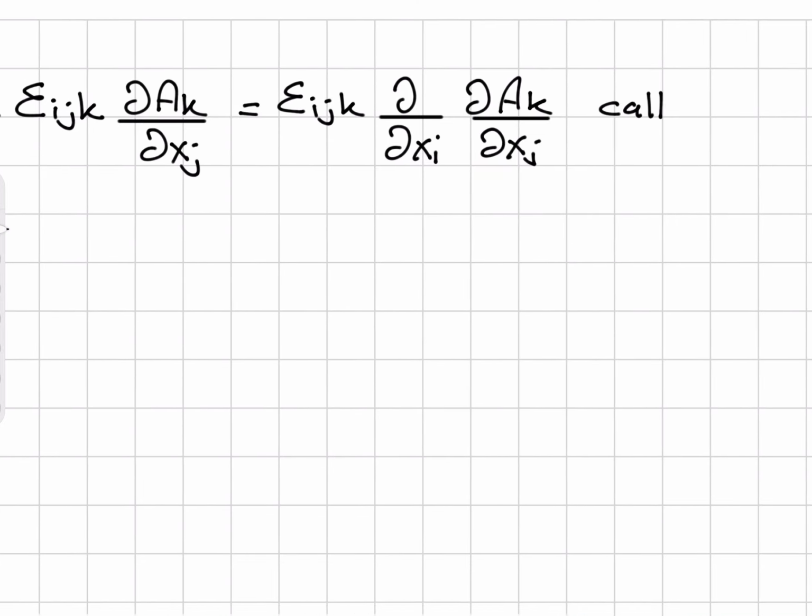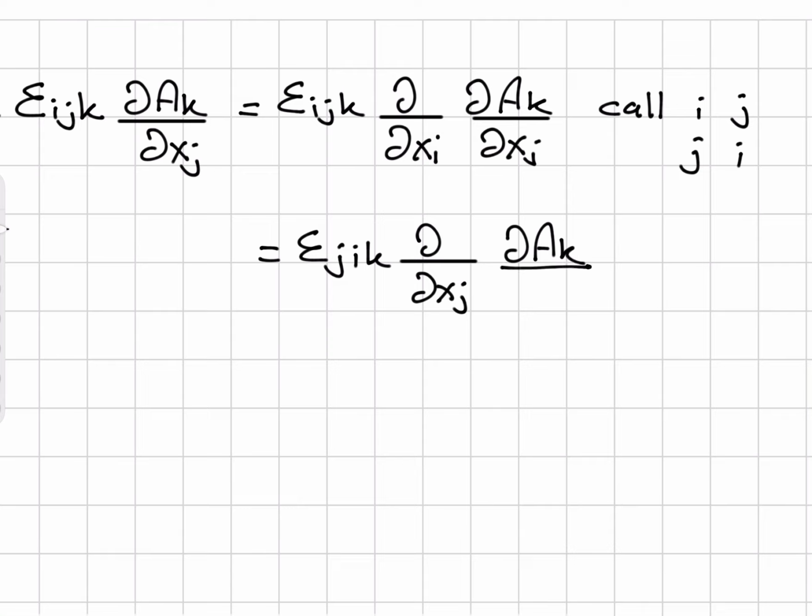Okay, and I can now call i as j and j as i. This is going to become epsilon jik del xj del ak del xi.